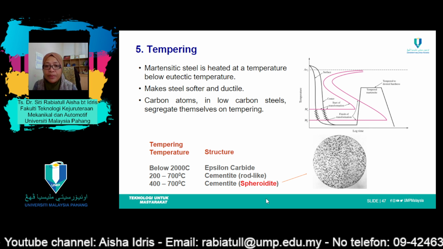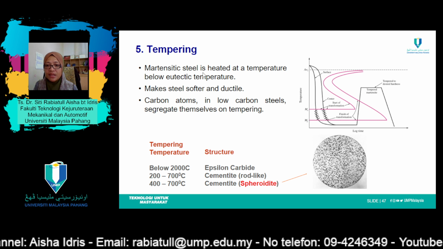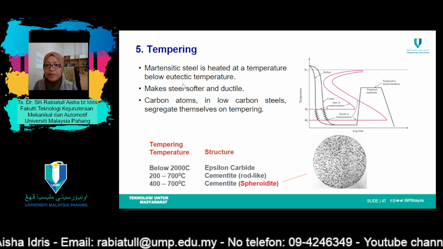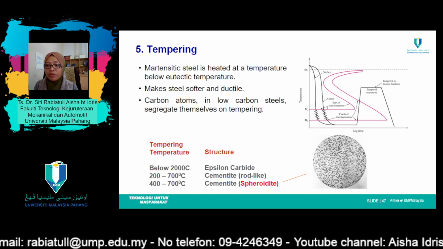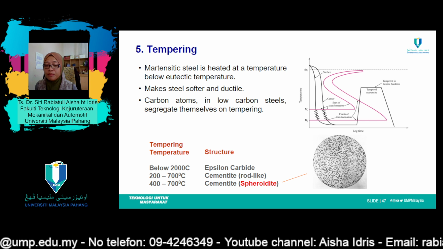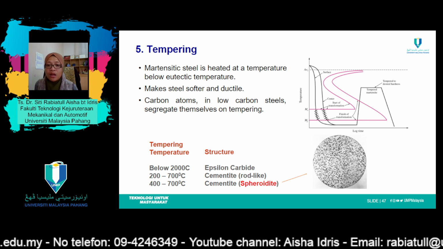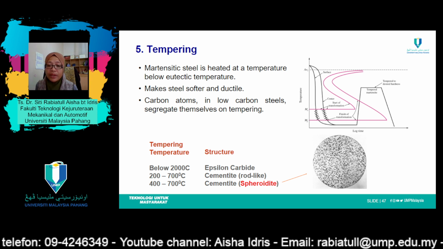Number 5 is tempering. In this process, martensite steel is heated at a temperature below the eutectic temperature. This process will make the steel become softer and much more ductile. Carbon atoms in low carbon steel segregate themselves on tempering.